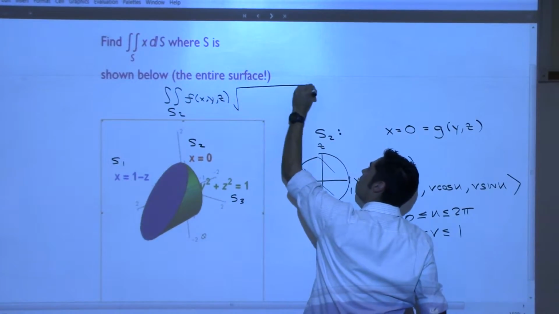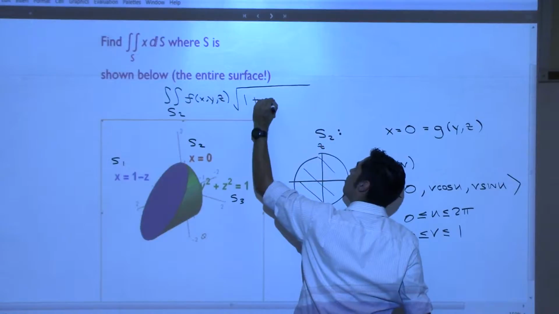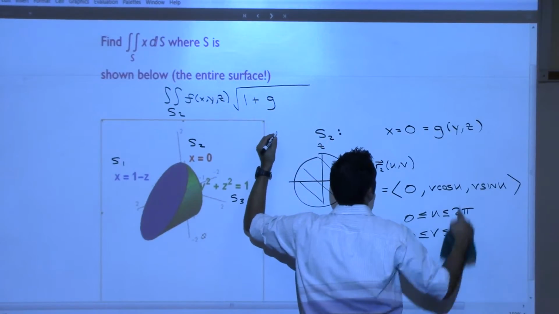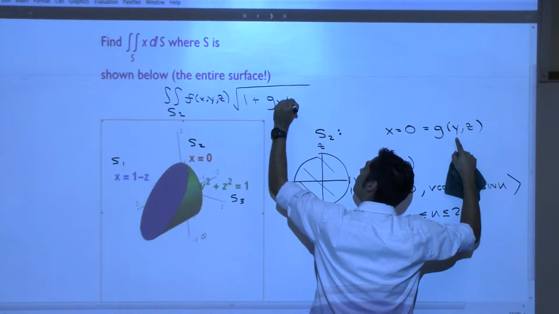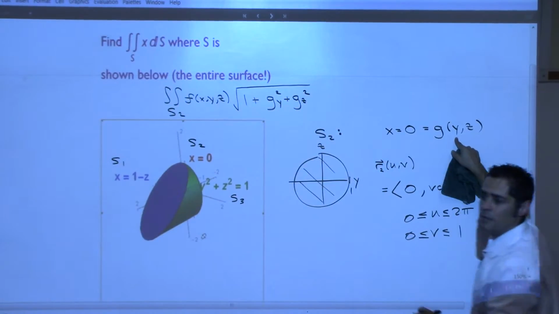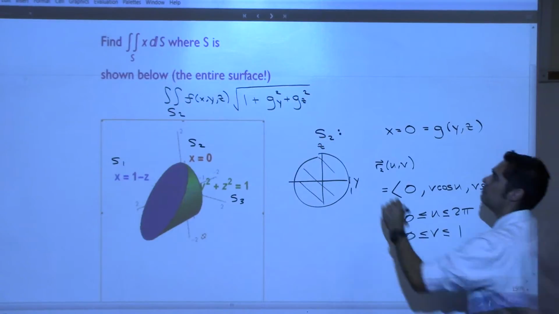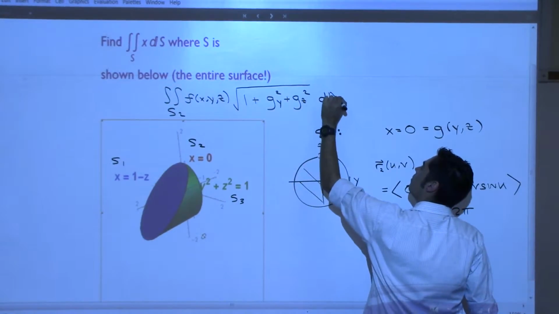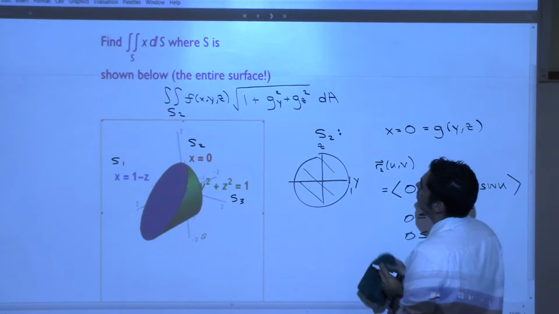It would be the square root of 1 plus partial g with respect to y squared plus partial g with respect to z squared, dA.